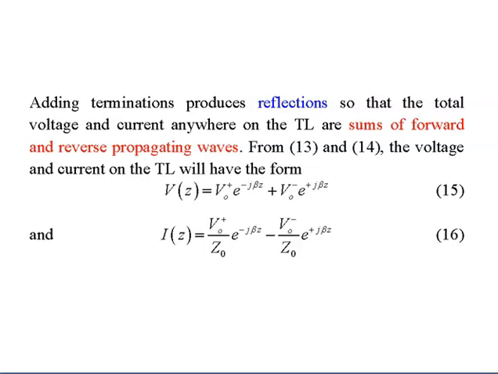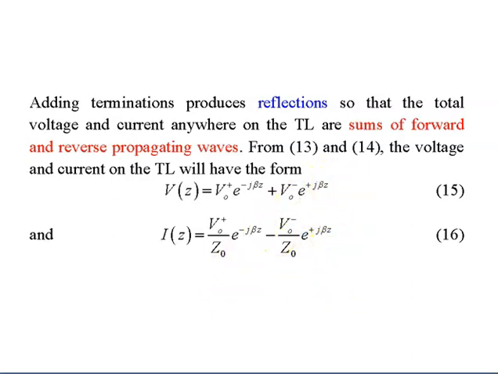The total voltage and current anywhere on the transmission line are the sums of the forward and the reverse propagating waves. From equations 13 and 14 that we have seen before, the voltage and current on the transmission line have the form of these two equations.